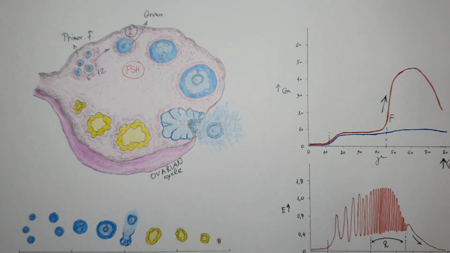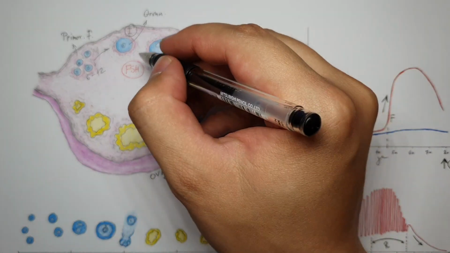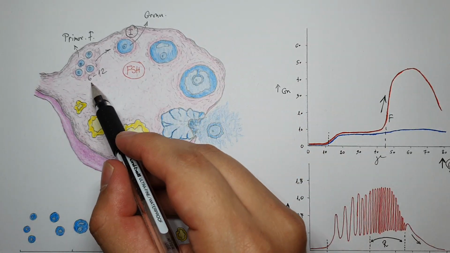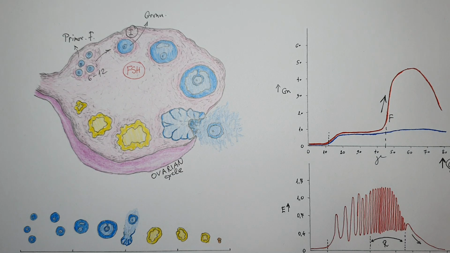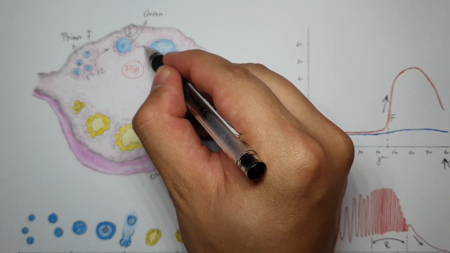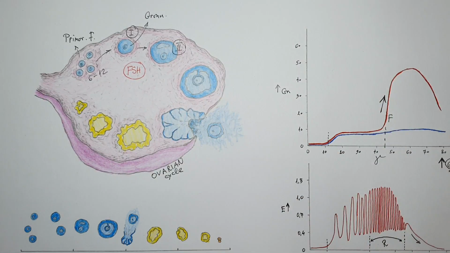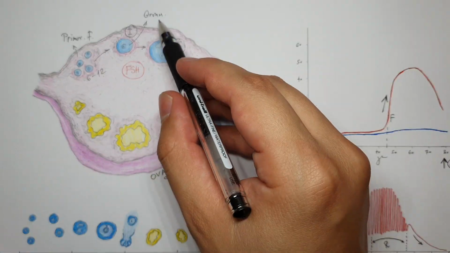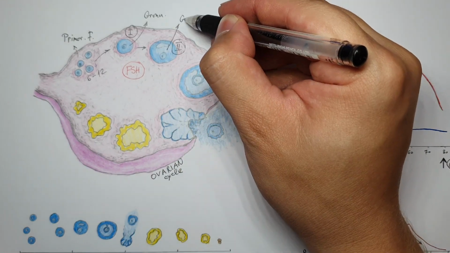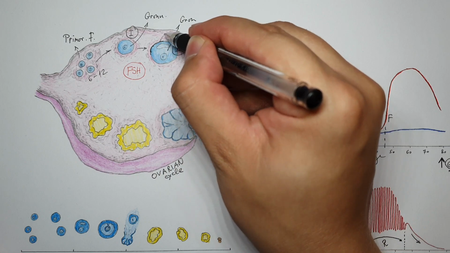These cells secrete hormones, estrogen, and later this follicle, if it is stimulated enough, only one of these, so there is a selection, only one of these develops, and then later develops into the secondary follicle that now has also granulosa cells, but also the outer lining of the follicle.